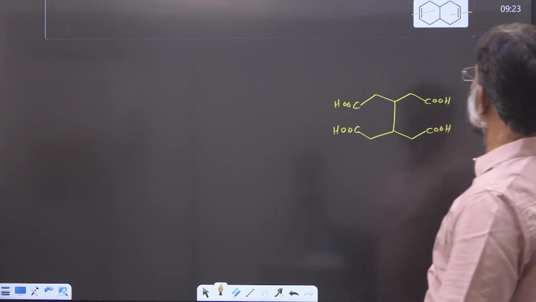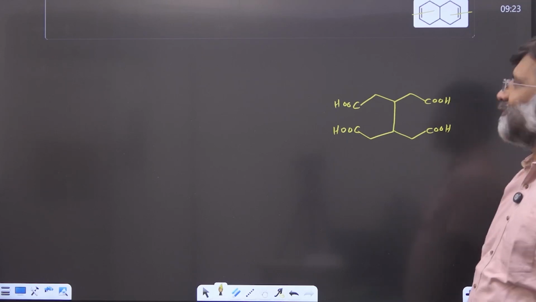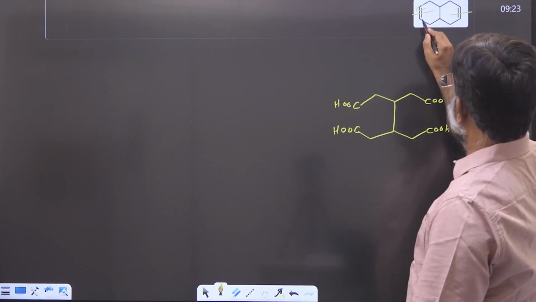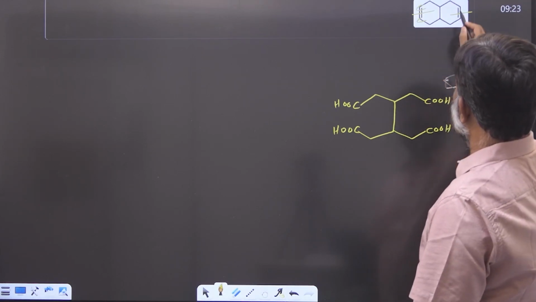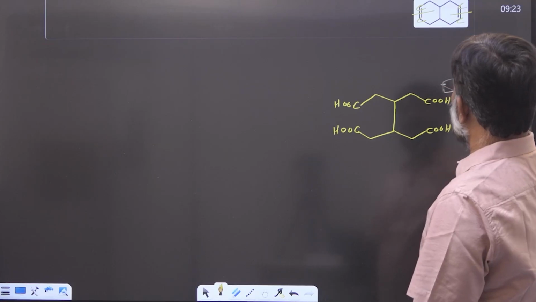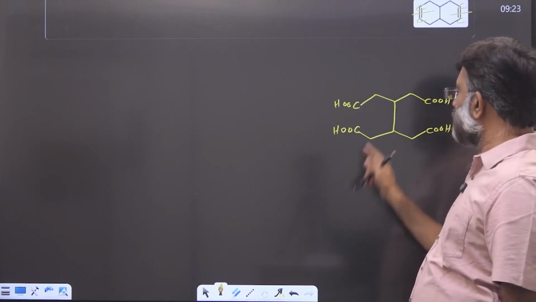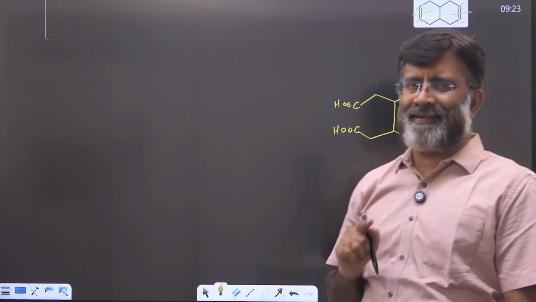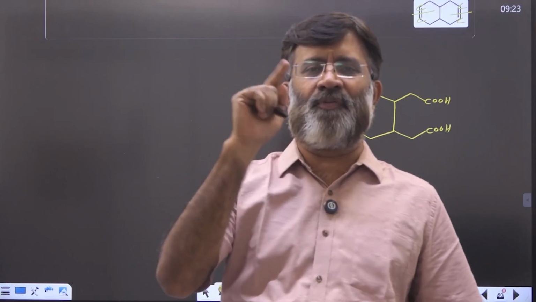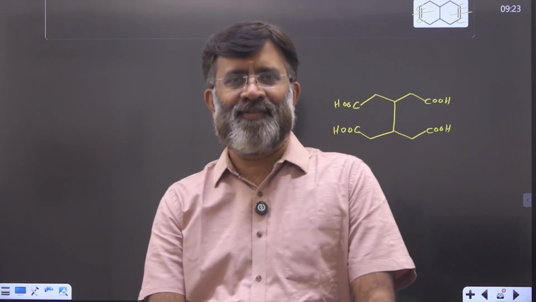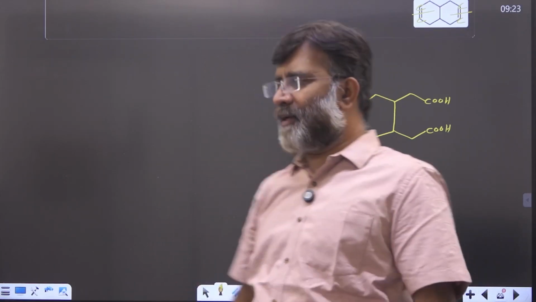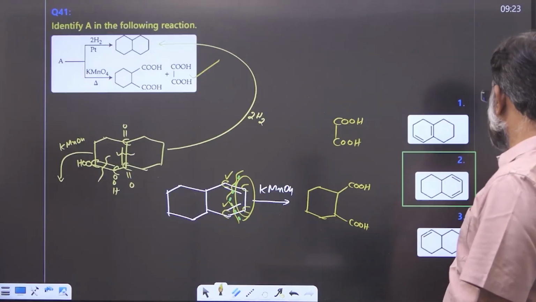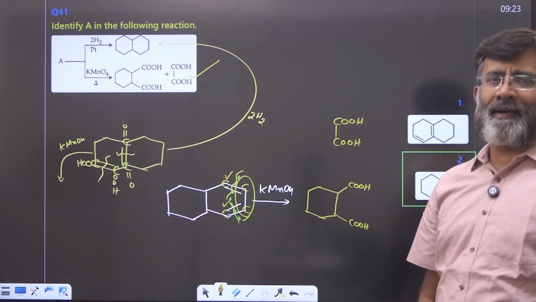This is the product obtained if you take option 4. This carbon and this carbon will turn COOH. Such a carboxylic acid you get if you take option 4. Fine. So the correct answer is option 2.